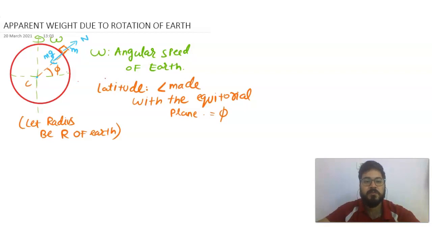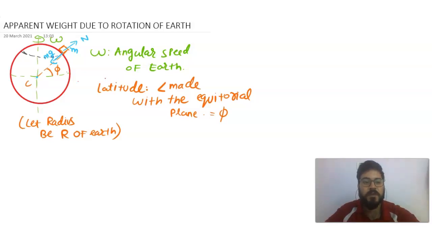Now apart from these two forces, you will also have a centrifugal force. Why will we have a centrifugal force? Because the Earth is rotating, right? So you can imagine that this block kept here is moving in a circular path, right? And obviously the circular path's radius is not going to be the radius of Earth, it's going to be something else.